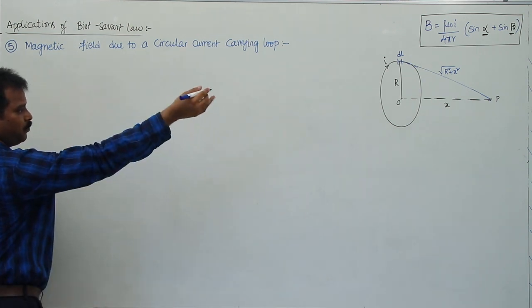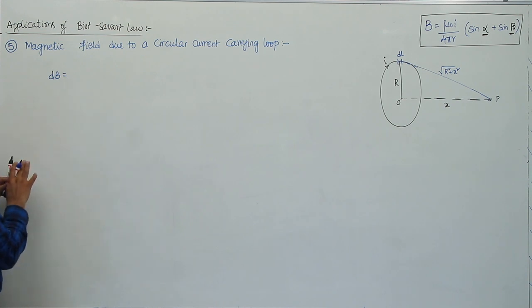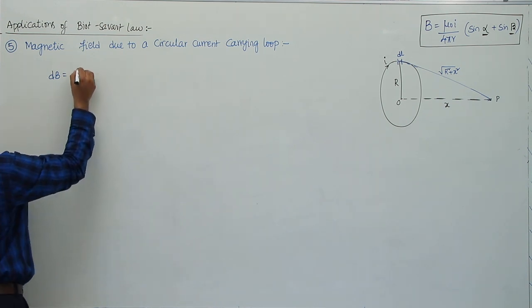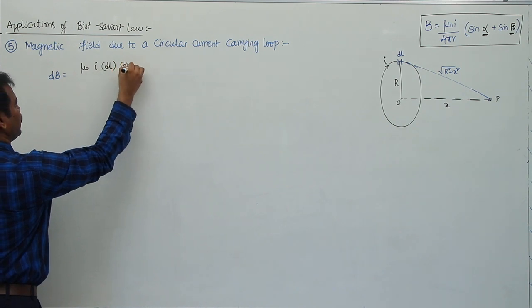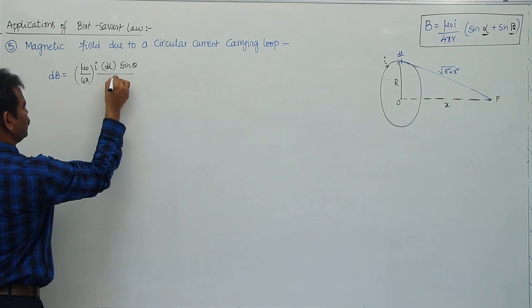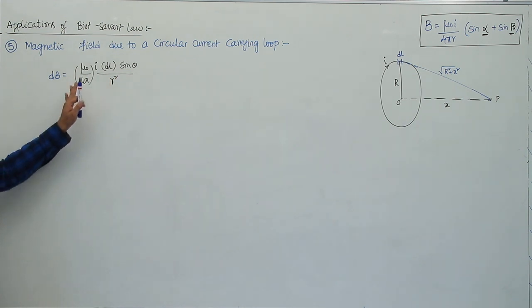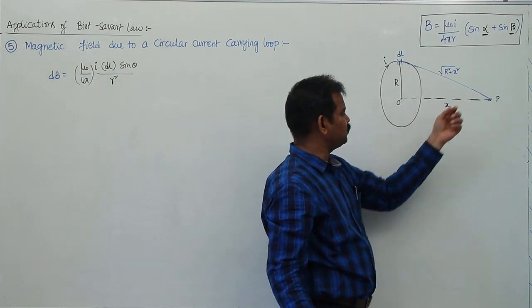So what is the magnetic field at point P? The magnetic field at point P due to the small elemental portion of the circular ring is given by mu naught by 4 pi into I dl sin theta by r square. This is the expression. But what is r here? It is the distance between the small element and this point.